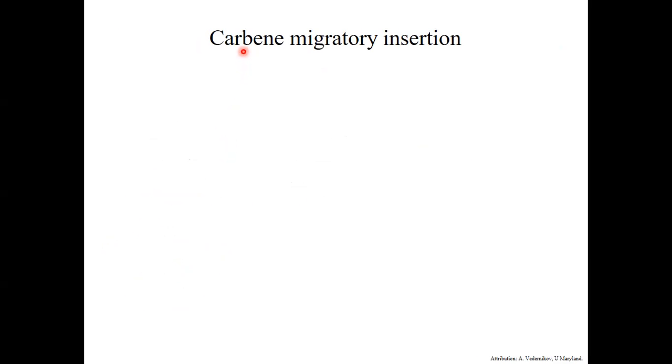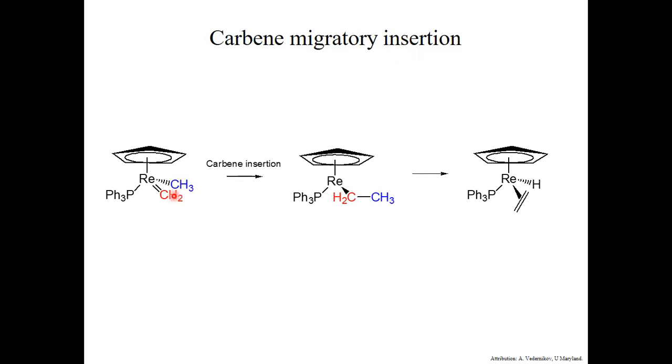So last but not least, there's the carbene migratory insertion. In this case, we have a metal-carbon double bond, and the unsaturated neutral fragment is the carbene fragment.